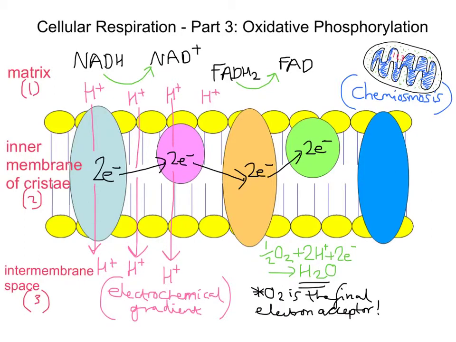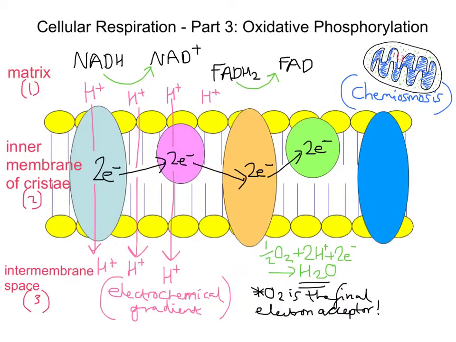So we've had electrons move from carrier to carrier. As the electrons have moved, they've lost energy, and that energy has been used to pump H+ ions into the intermembrane space. Those electrons are then picked up by oxygen to form water, so oxygen is the final electron acceptor. And now in the final stage, we can deal with that electrochemical gradient of hydrogens.